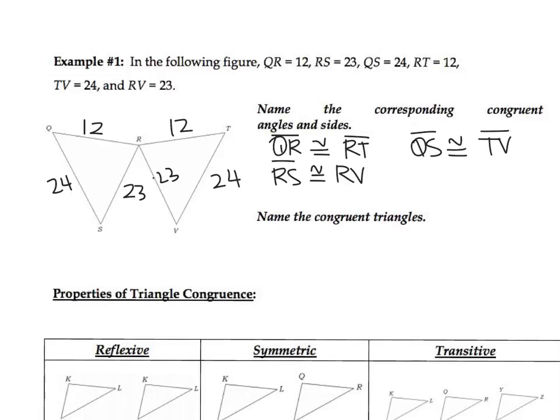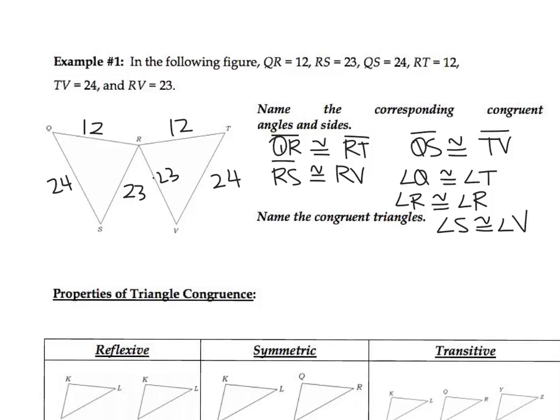Now we want to do corresponding angles. Angle Q is congruent to angle T. Obviously, angle R is going to be congruent to angle R. And lastly, angle S is congruent to angle V.